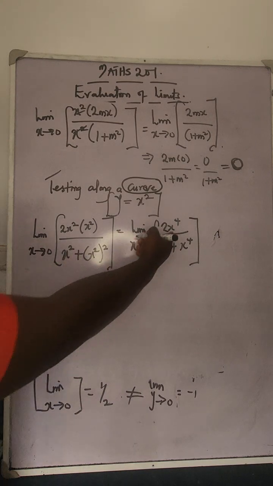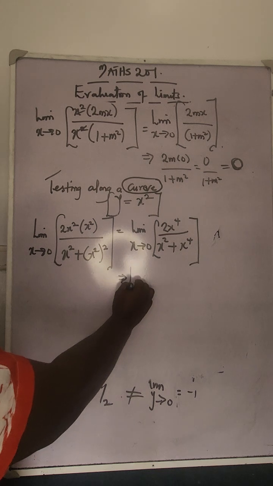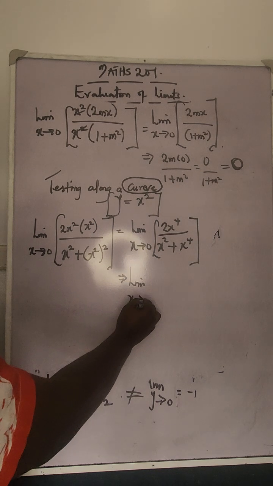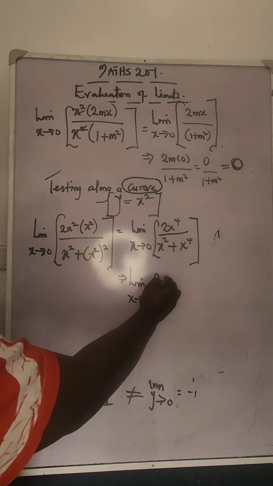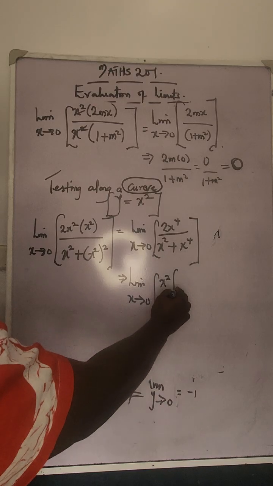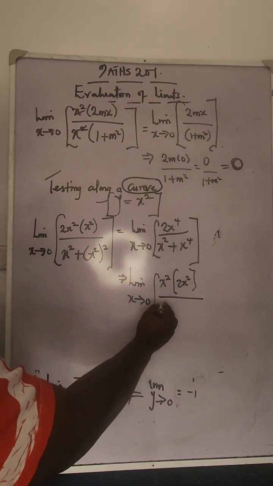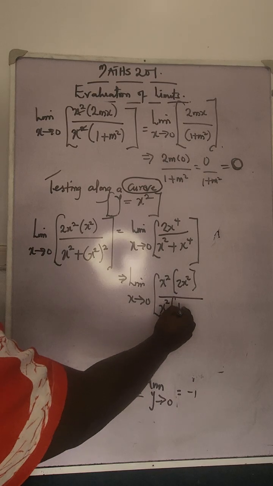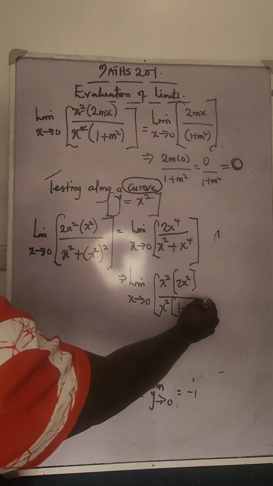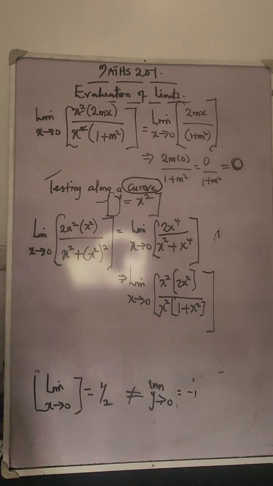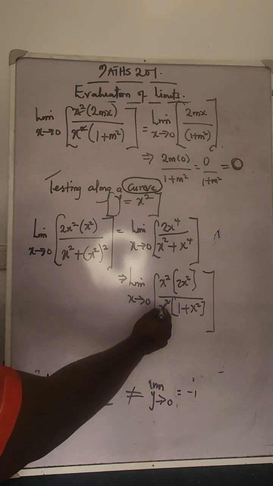Can we factorize here? Yes. This is the limit as x approaches 0 of x squared times 2x squared over x squared times 1 plus x squared. Is that correct? And so this cancels out this.